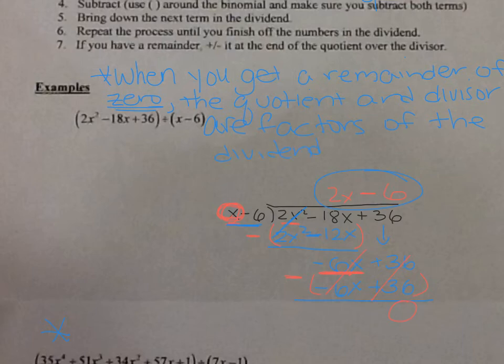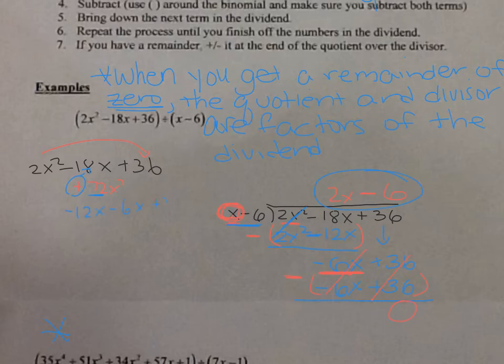Okay, so what do I mean? So take this guy here, the 2x squared minus 18x plus 36. Now, if I factor this, I multiply the first times the last, I'll get positive 72x squared. The numbers that multiply to 72 and add to 18 would be negative 12x, negative 6x.